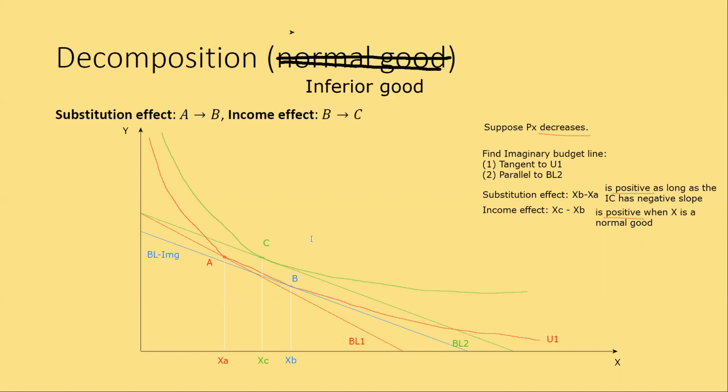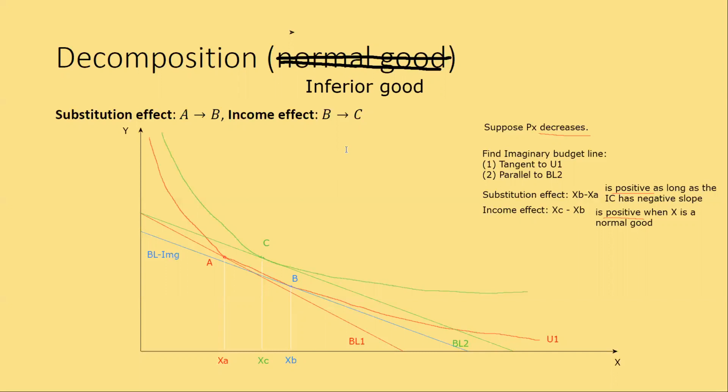When we look at an inferior good, as income increases, the consumption of good X actually decreases. So the income effect moving from point B to point C would mean that the income effect is negative.